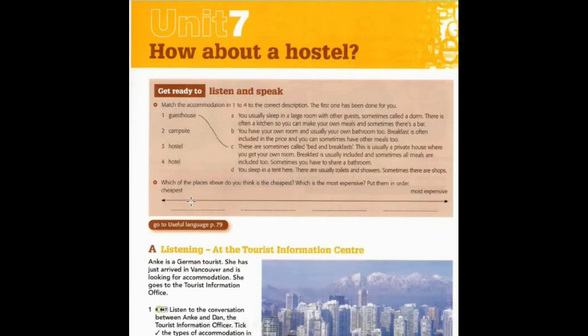And more expensive than the campsite is the hostel. And then the most expensive one is the hotel, while less expensive than the hotel is the guest house.